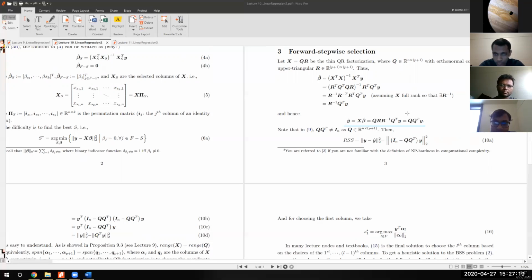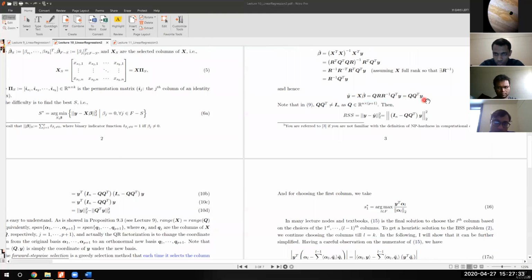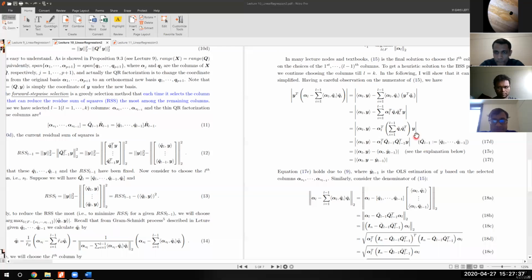So you take this part and make an inverse. Then you substitute this part inside here, you have Y equals QQ transpose inverse of Y hat, okay? Now you have this, QQ transpose inverse of Y hat.